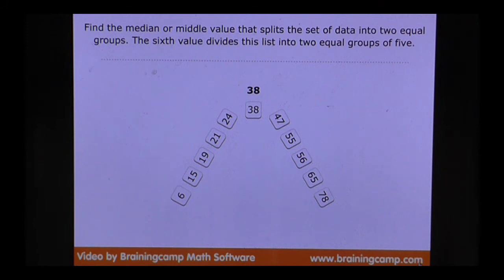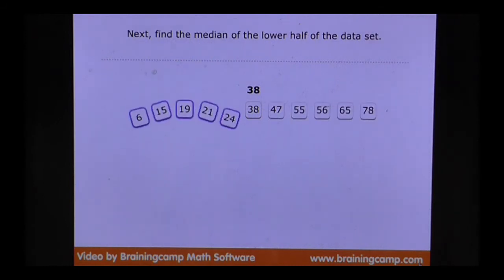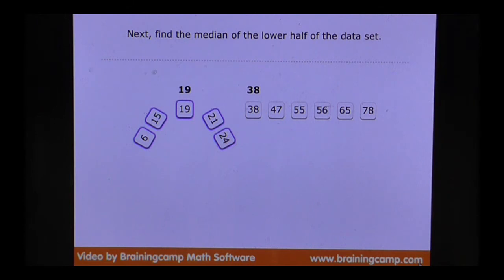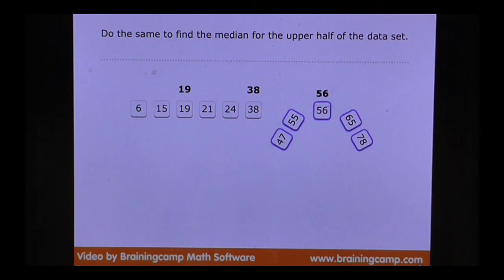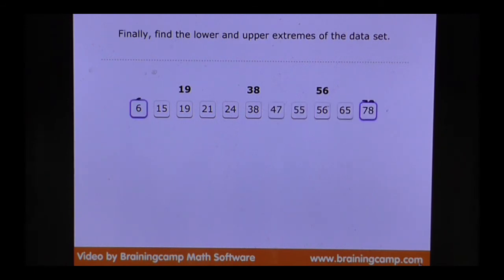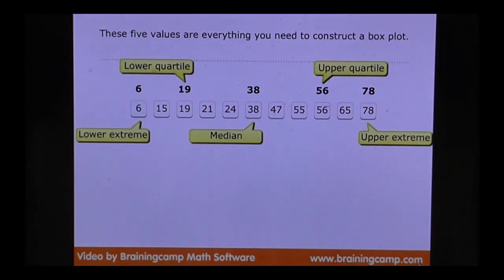The sixth value divides this list into two equal groups of 5. Next, find the median of the lower half of the dataset. Do the same to find the median for the upper half of the dataset. Finally, find the lower and upper extremes of the dataset. These 5 values are everything you need to construct a box plot.